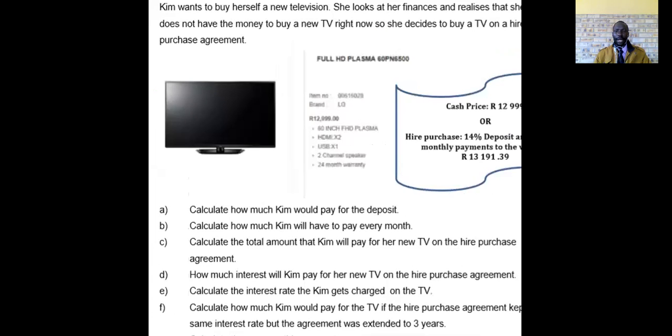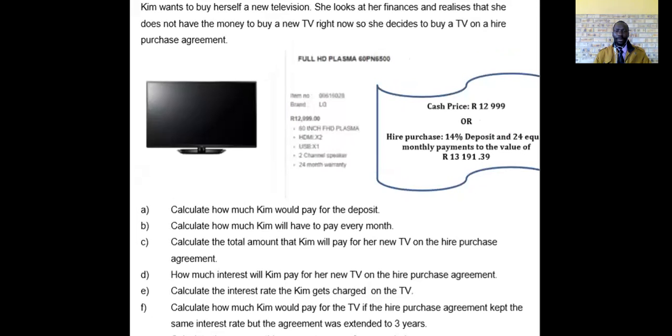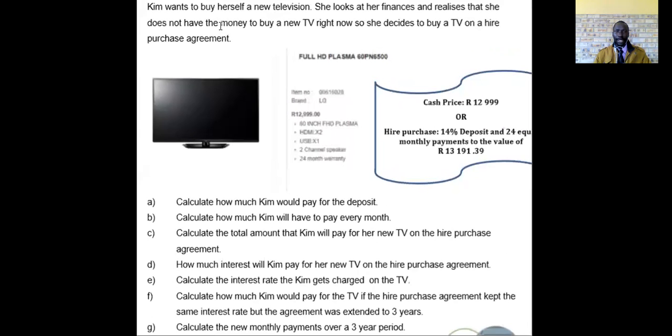In this example on hire purchase, someone, in this case called Kim, wants to buy herself a television. She looks at her finances and realizes that she does not have the money to buy a new TV right now. So she decides to buy a TV on hire purchase agreement.